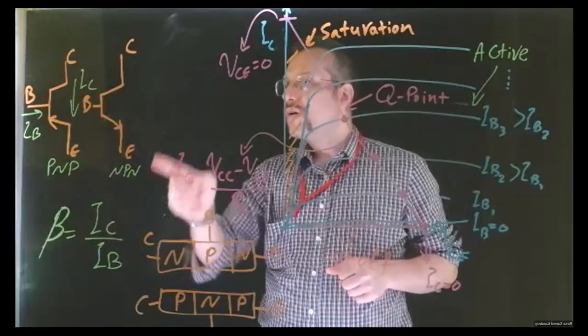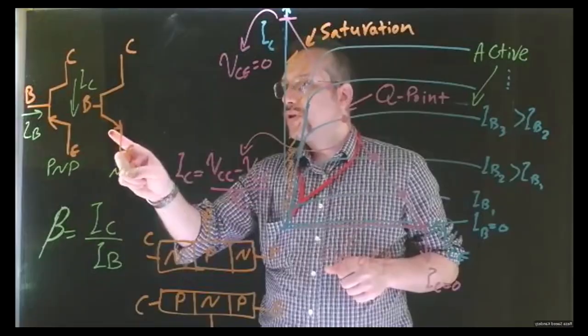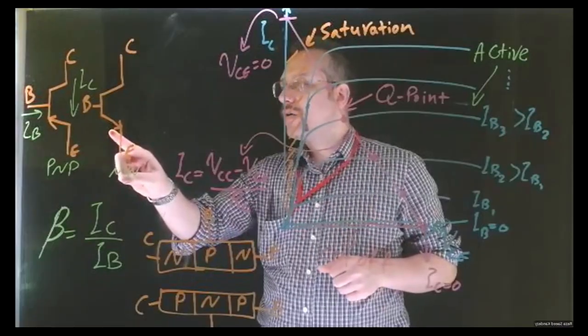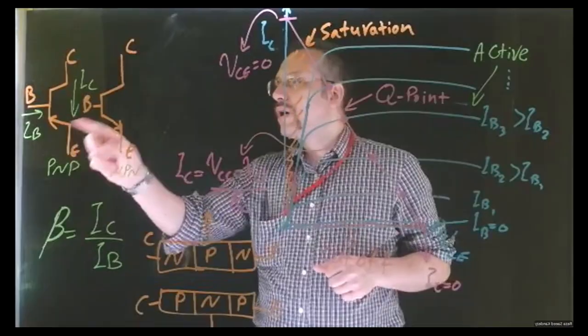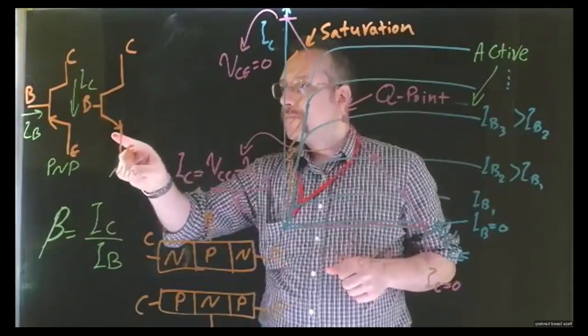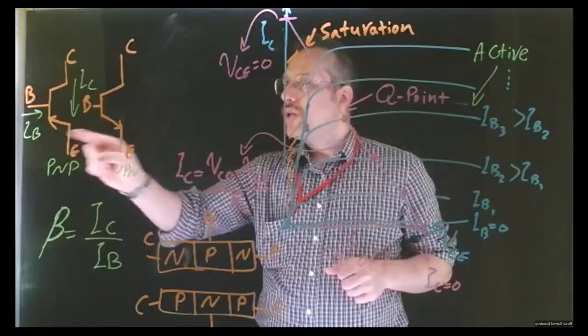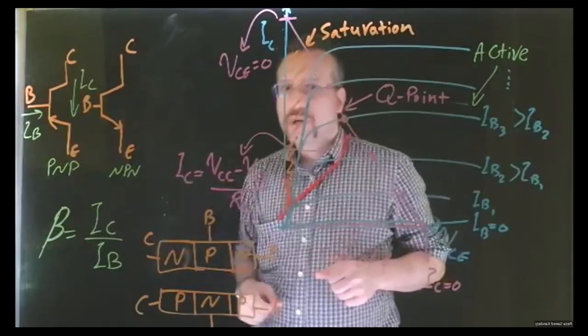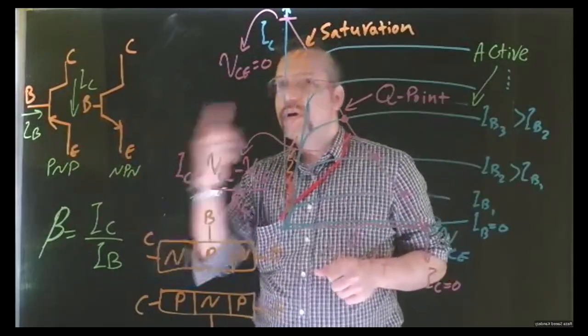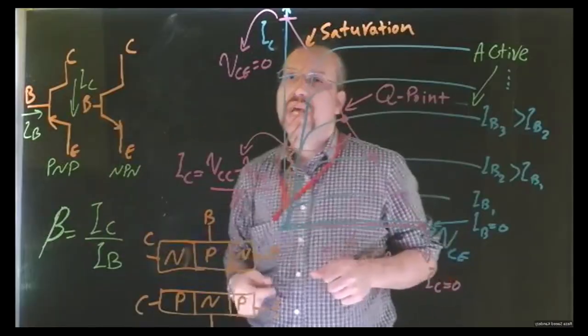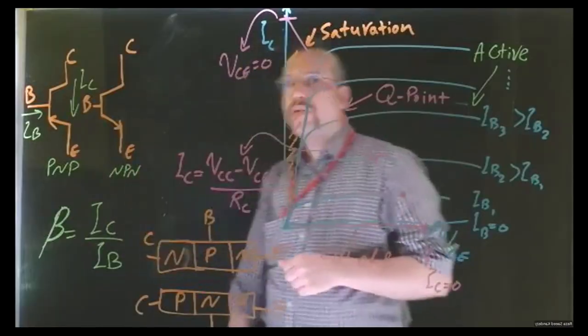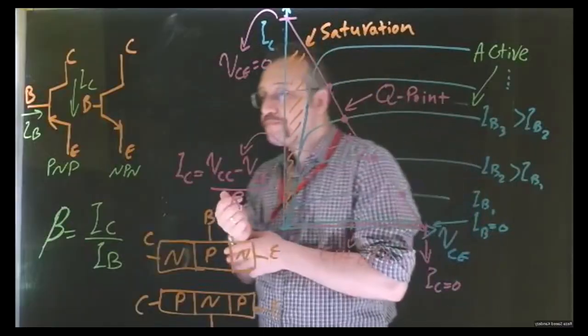In NPN, it goes from collector to emitter. This arrow shows the direction of the current, so you can distinguish PNP and NPN from each other by looking at the symbol in the schematic.